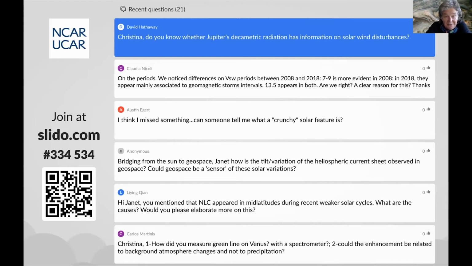The size of the magnetosphere is 60 to 100 RJ to the magnetopause on the dayside. So it's deeply buried, and so there's very little response to solar wind effects, but it is responsive to changes in Io's production of material that fills up the magnetosphere and is the main source. So very limited effect on the decametric radiation.